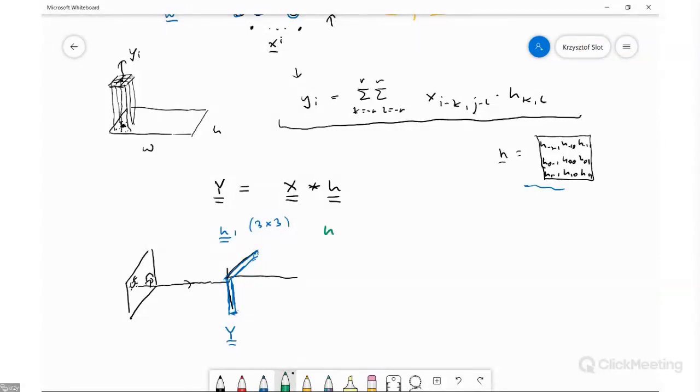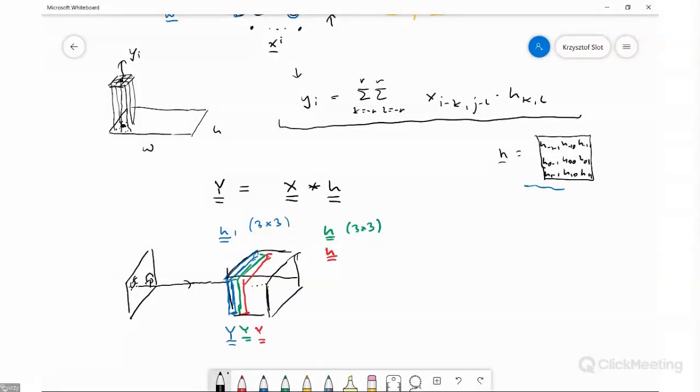And then I will have a green filter. Let's assume all these filters will have the same size, but the values obviously will be different. So a result of filtering will be another output, which will be a green output. And then I will have a red filter, so the result of filtering will be an array of red values, and so forth. I might have several filters, so that there will be some last filter, a black one.